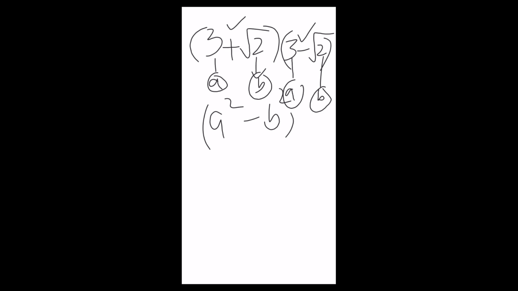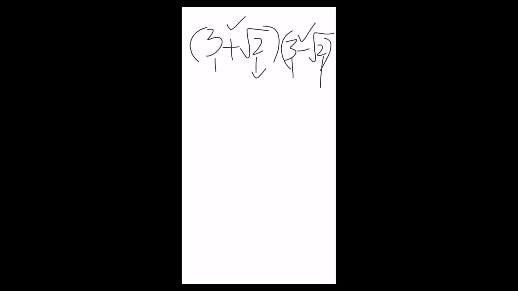I'm just speaking all the steps in sequence. See, 3 is supposed to be A, under root 2 is supposed to be B. Similarly over here, A as well and B as well.